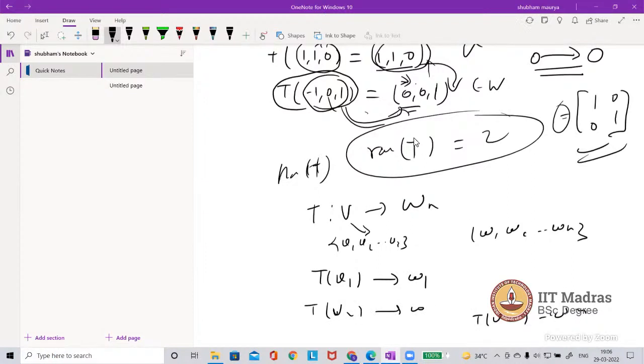What it means is the image of linearly independent vectors is linearly independent. In such cases, what it means is T is injective.